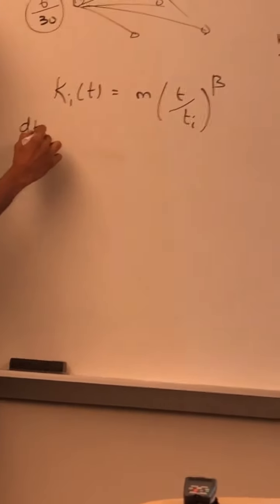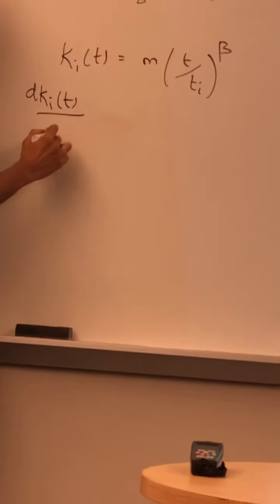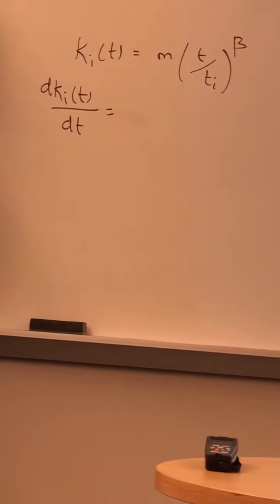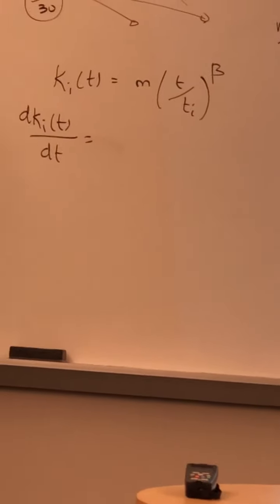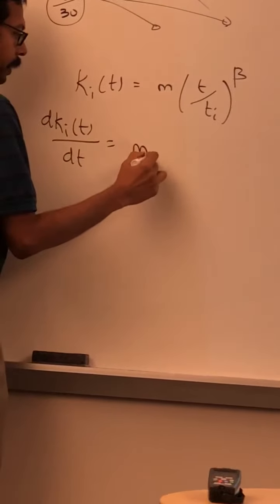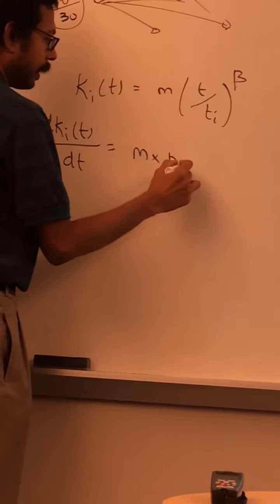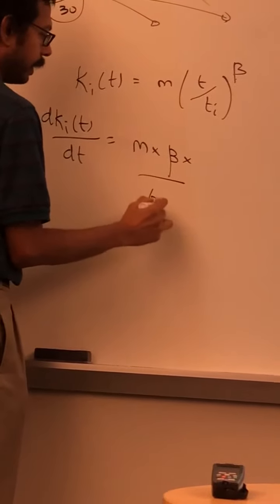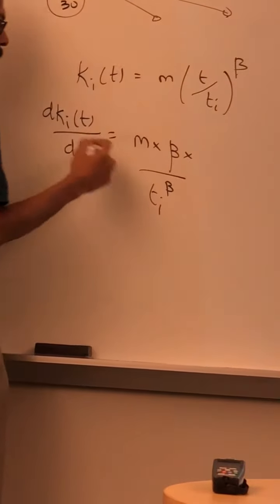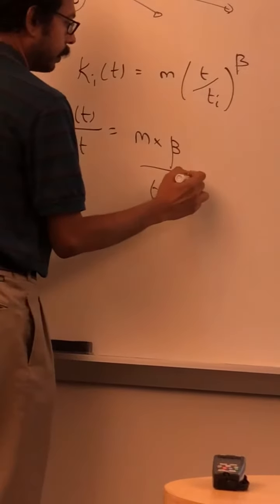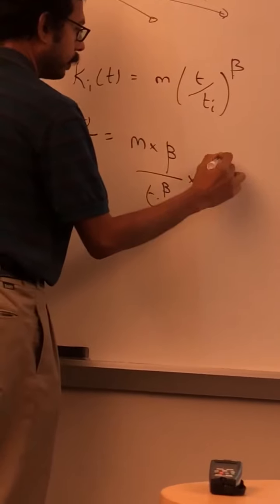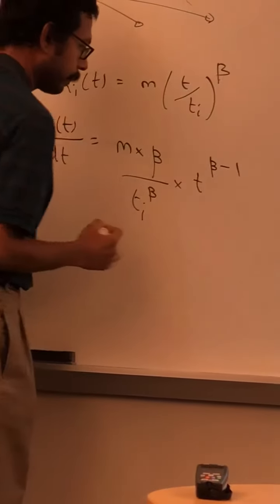So if you differentiate this function of t with respect to t, it's going to come out like what? m is a constant, so it's going to be beta times, again, t_i is a constant, so I can take this outside. So this is going to be t raised to beta minus 1.